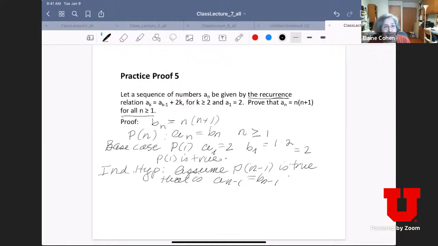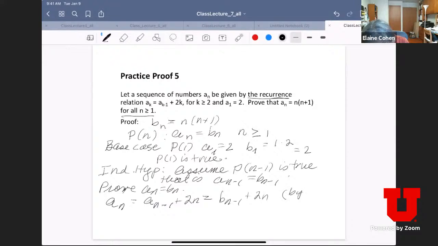Now we have to prove a sub n is b sub n. So what we say: a sub n is equal to a sub n minus 1 plus 2n. But that's equal to b sub n minus 1 plus 2n, and that's by the induction hypothesis.